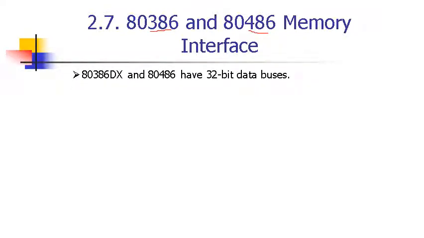Again, these are 486 memory interface. Here, your data bus has evolved to 32 bits, which means you can read or write 32 bits at a time. Again, memory chips are byte addressable.